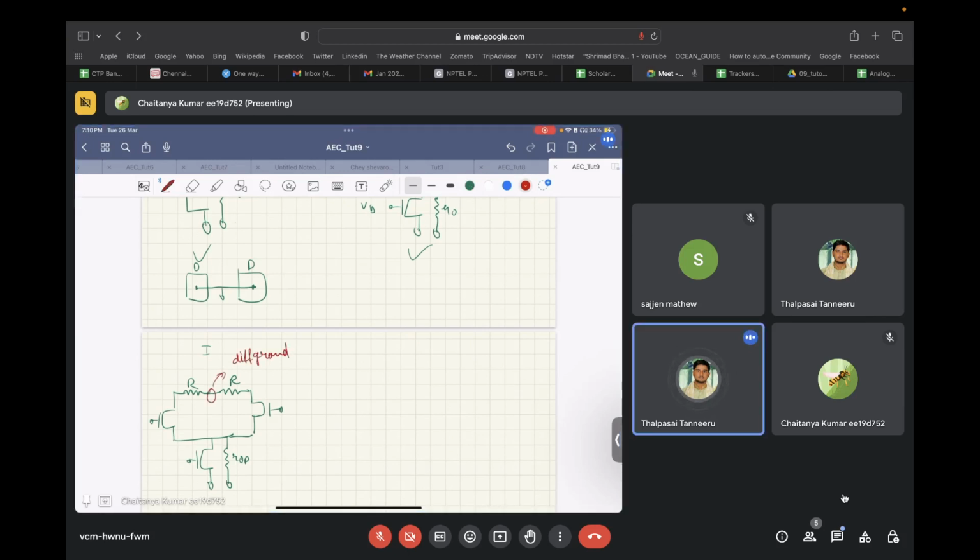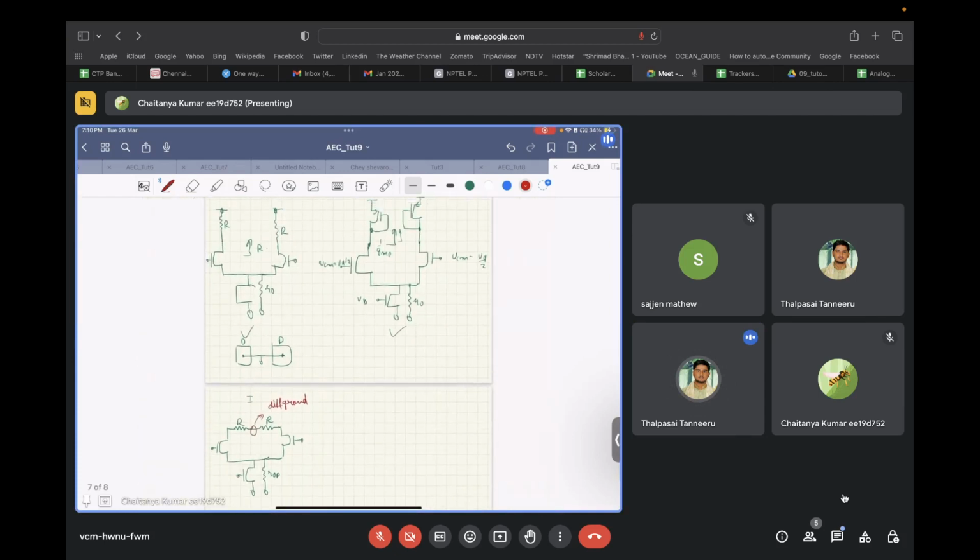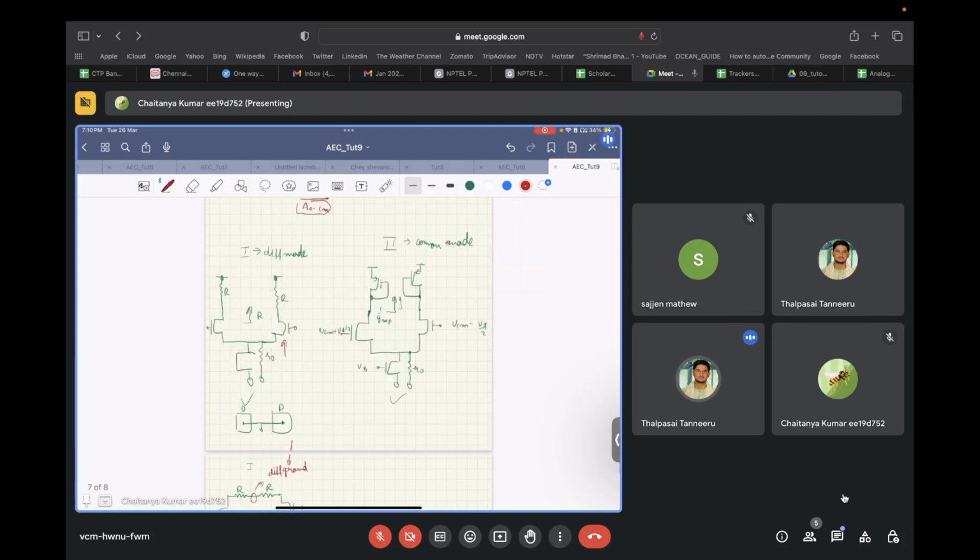Yes, sir. So as far as the differential circuit is concerned, this circuit and this circuit are equivalent to each other. Do you agree on that? Yes, sir. Okay. Now, let's see circuit 2.